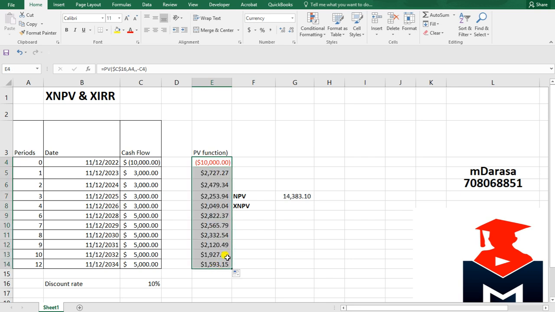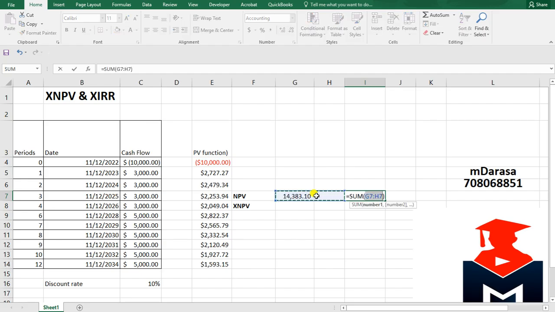So if at all you are to check on the summation of this NPV, look at it in this case. I'll have a slight difference because I'm having basically Alt equal sign, where I'm going to take all of this. You see, I'm having a difference. Why do we have the difference?